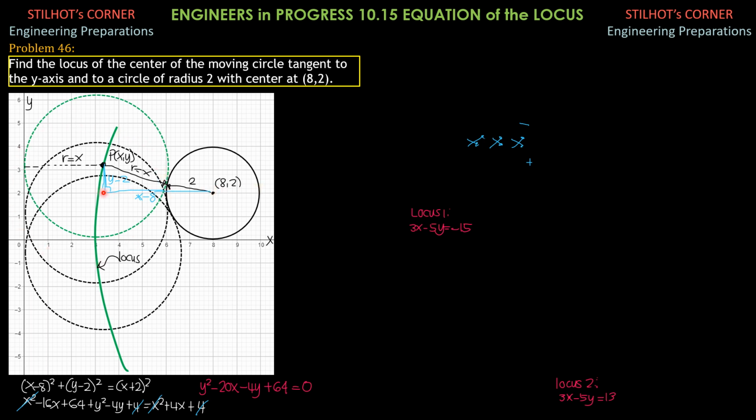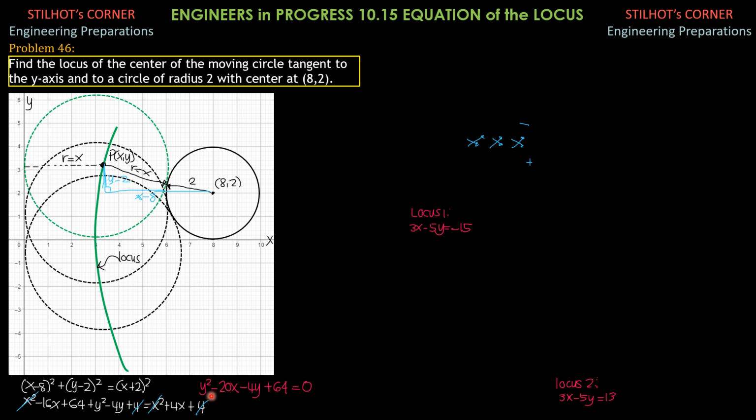To check our answer, there is a circle here with center aligned to (8, 2), and since the radius is 2 units, the diameter of the circle would be 4, so the distance from the y-axis to the circle's nearest point is 6 and the radius of the moving circle is 3. Therefore, the coordinates of that point, which is supposedly the vertex of this locus, which is a parabola, is at (3, 2).